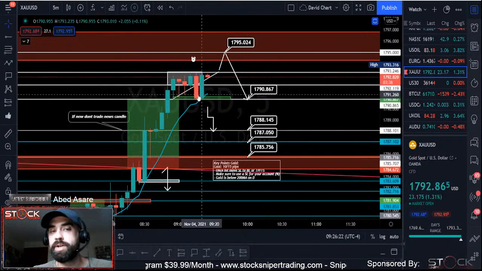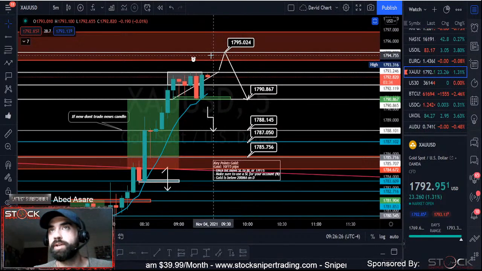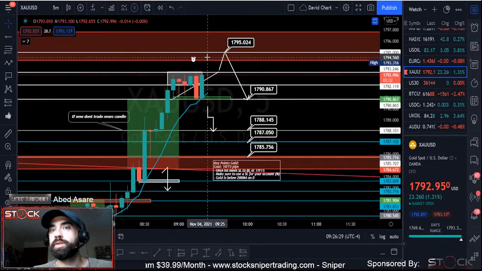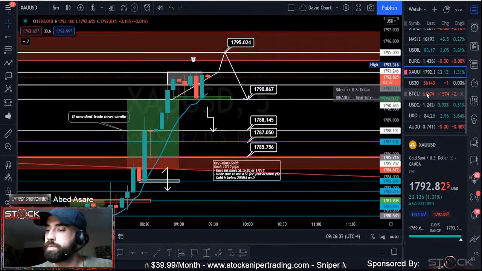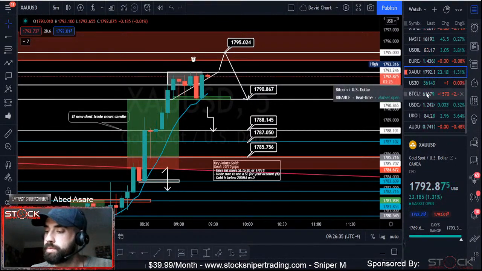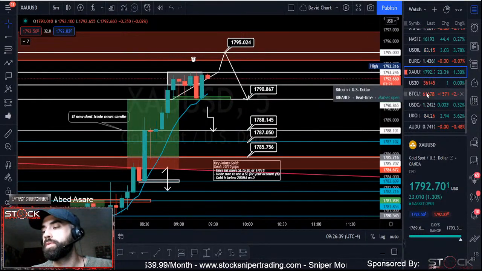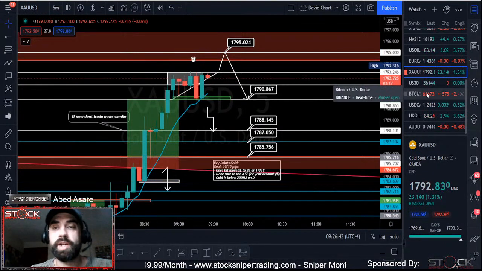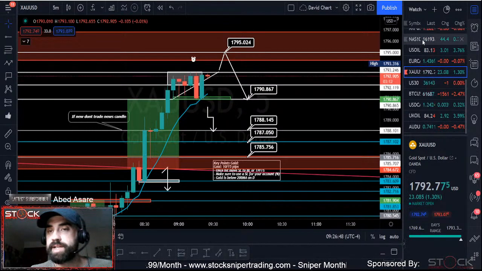They pushed it down, holding support there. Buyers took control again. Now they're starting to walk to the upside. Okay, guys, we're going to trade Nasdaq for today. Going to watch Nas.